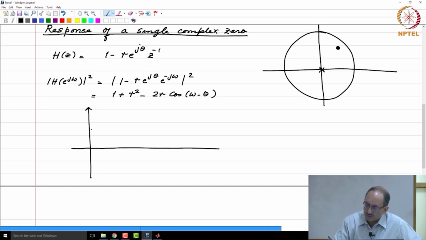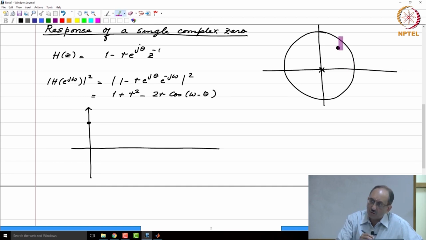If you look at this on a log scale, so if you are here on the unit circle, you might have a certain magnitude response, and then when you go along, you are going to approach this zero, and hence the response will fall.